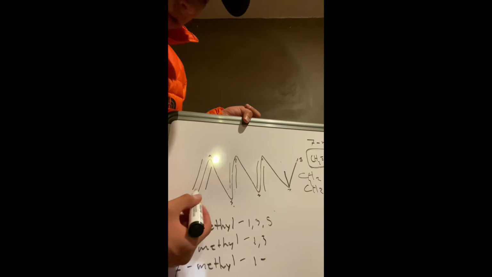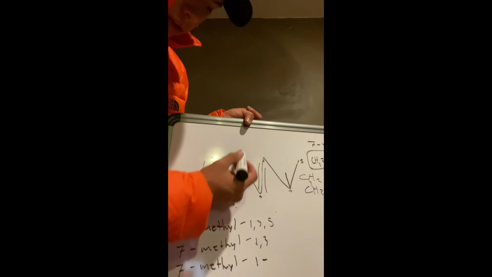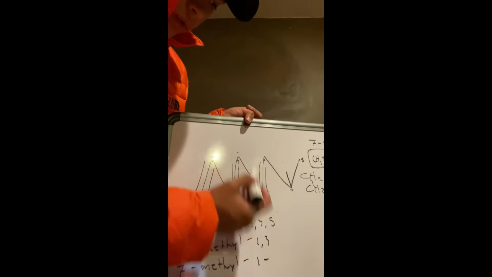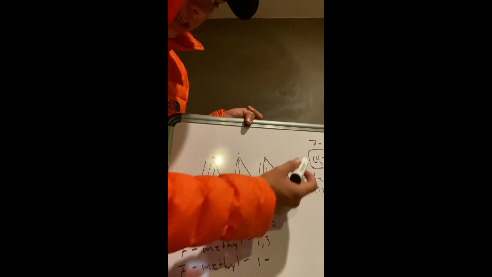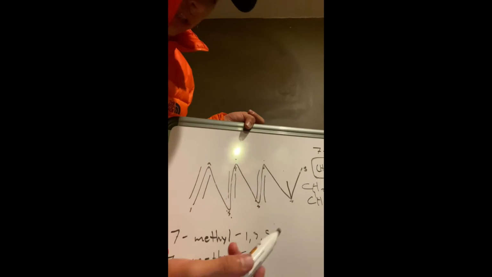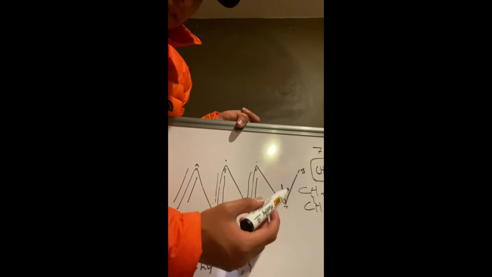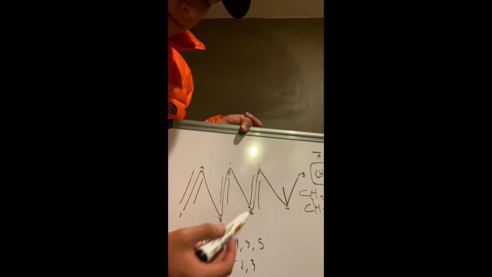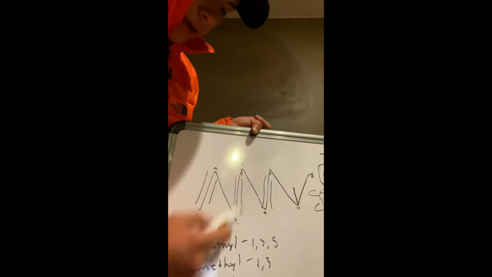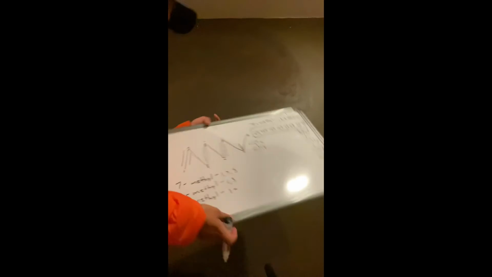So it will be 1, 2, 3, then we have another one, 4, 5, another one, 6, 7 and 8. If we start from right to left, it will not be the same: 1 we don't have, 2 we don't have, 3 we have one, 4 we don't have one, 5 we have one, 6 we don't have, and 7 we have one.